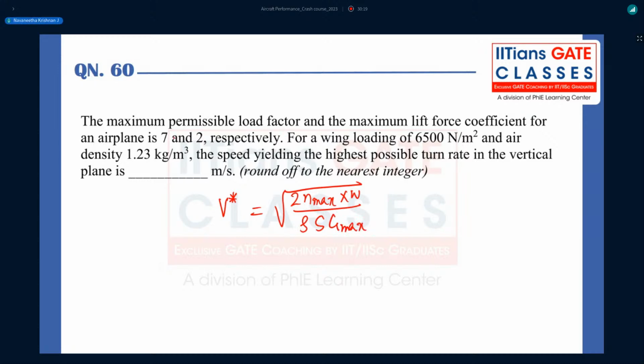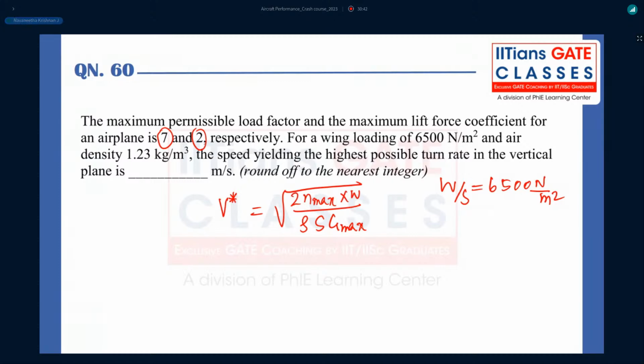We know that n max is equal to 7, CL max equal to 2, wing loading W by S equal to 6,500 Newton per meter square. Wing loading is nothing but weight divided by wing area. Density is given as 1.23 kilogram per meter cube.